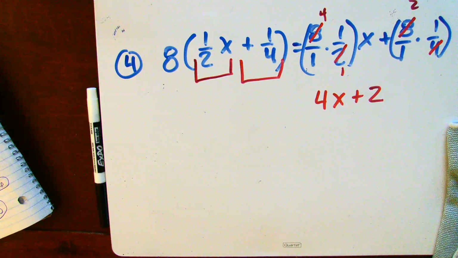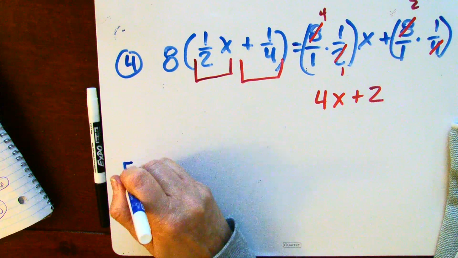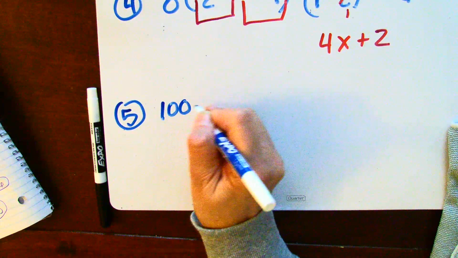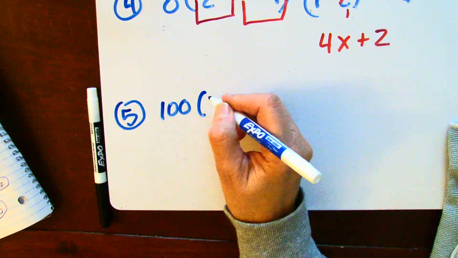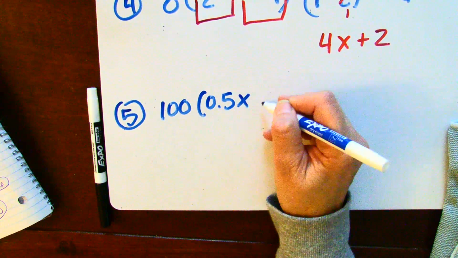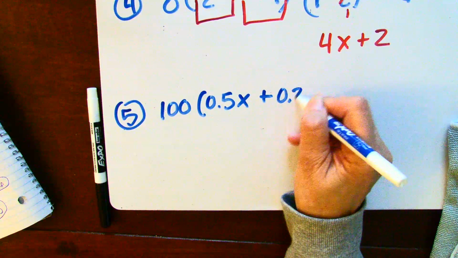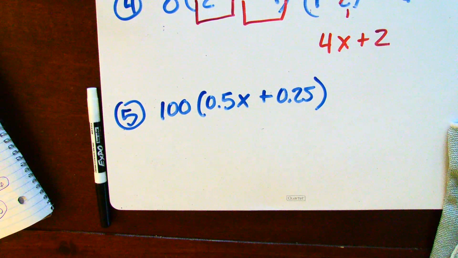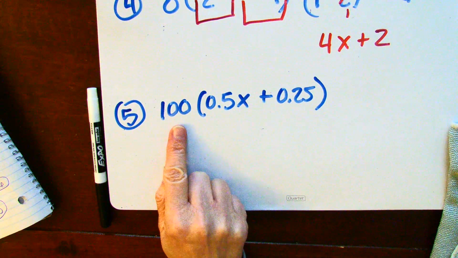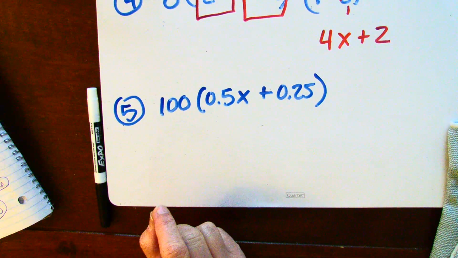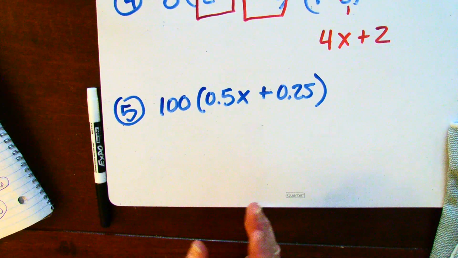Let's look at an example with some decimals. Here we have 100 times the quantity of 0.5 or 5/10 x plus 0.25 or 25 hundredths. Whenever you're multiplying by a power of 10, we're really just going to be moving the decimal place over either to the right or to the left.